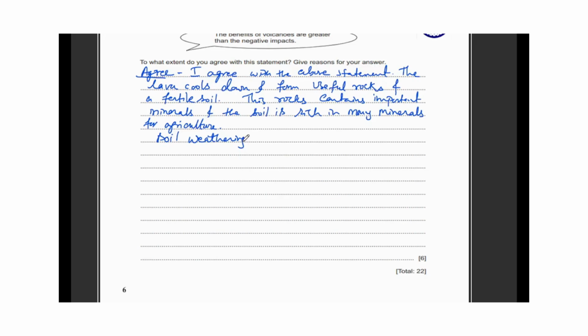So soil weathering provides high crop yields to farmers. Okay, so I mentioned 1 point, 2 point. Next, move to the third point here. Now, volcanoes also provide hot spring, right?